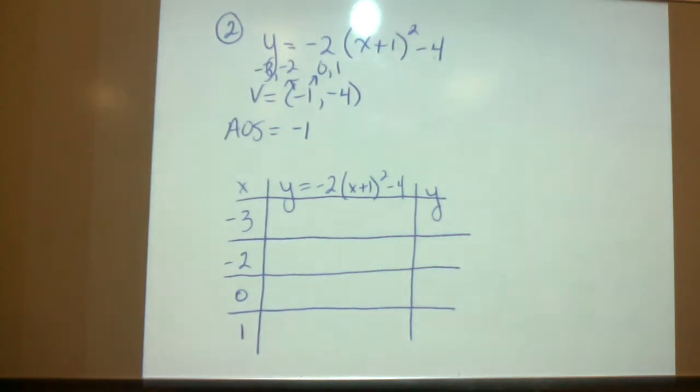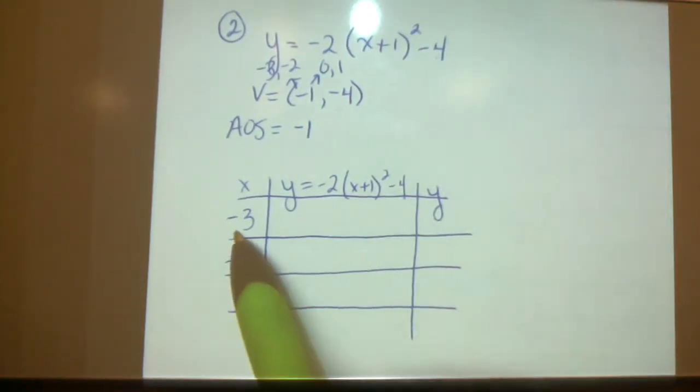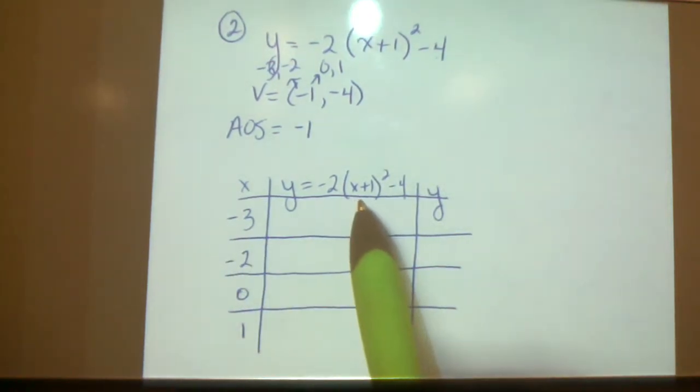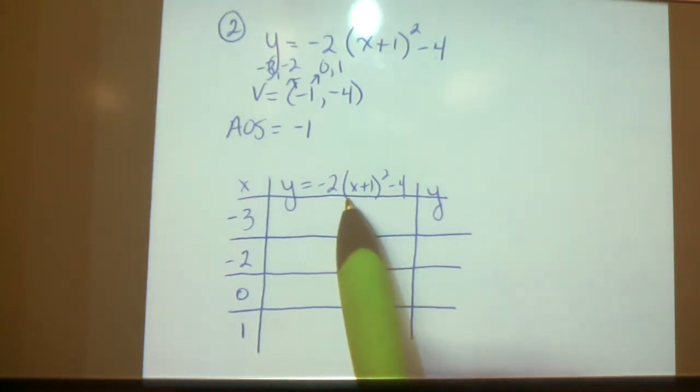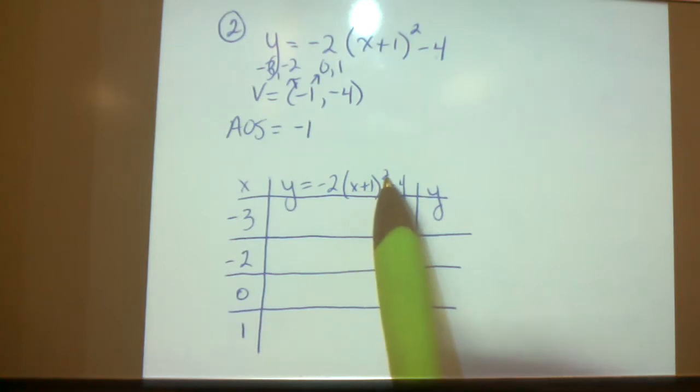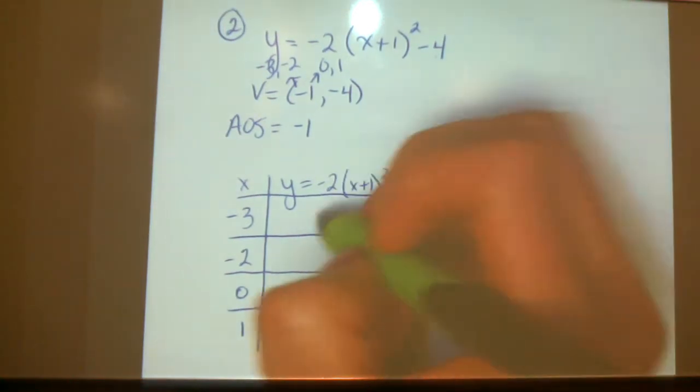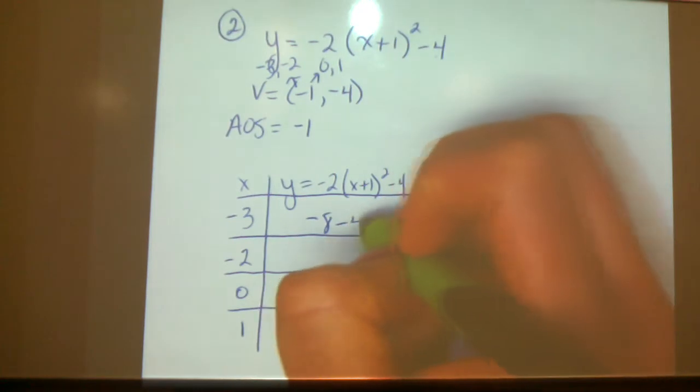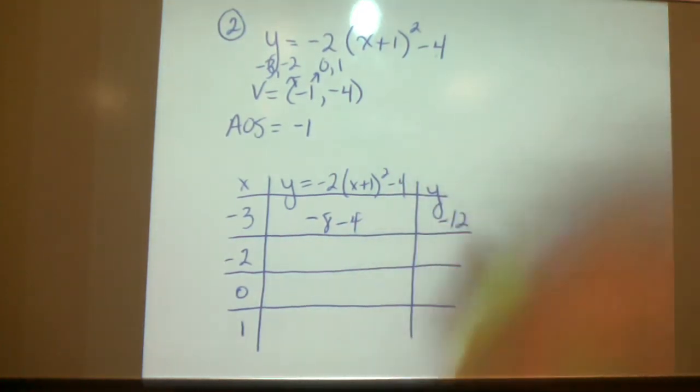Let's substitute in. -3 plus 1 gives us -2. -2 squared is 4. 4 times -2 is -8. Minus 4, that's giving us -12.